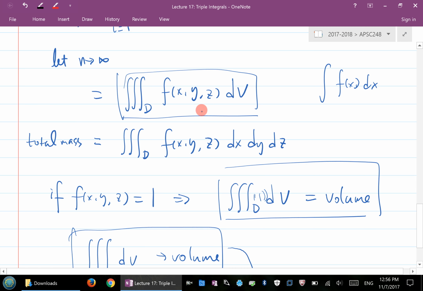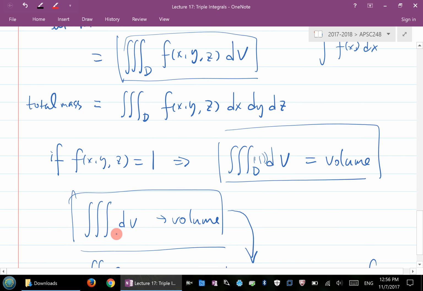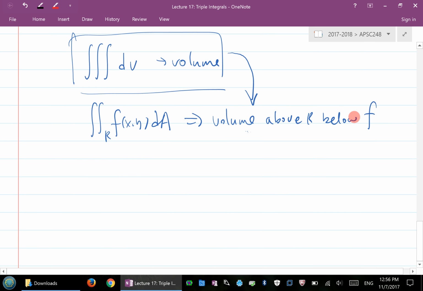You can consider this a mass concept, that's fine. But this is definitely not a volume concept. It's only a volume concept when the integrand is 1. Is that good? So I'll come back to this question for you. Okay, so now the more important question is evaluation of a triple integral.